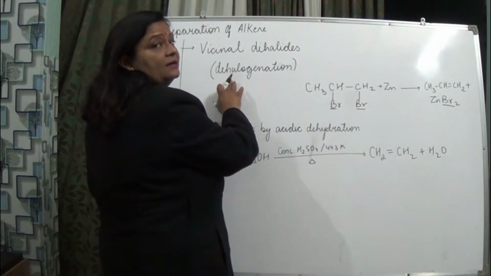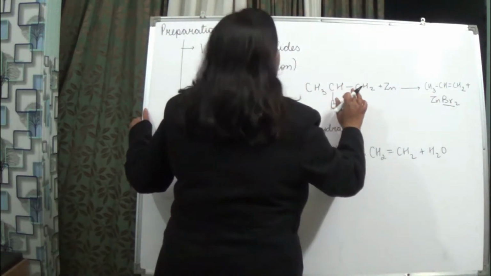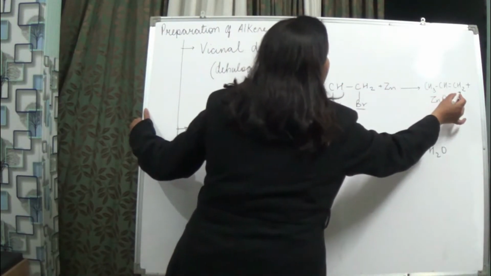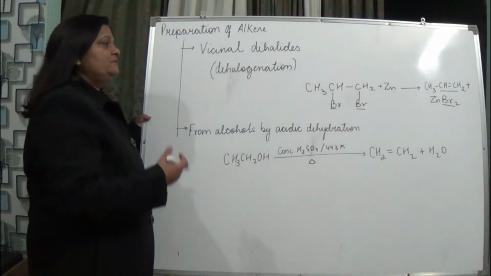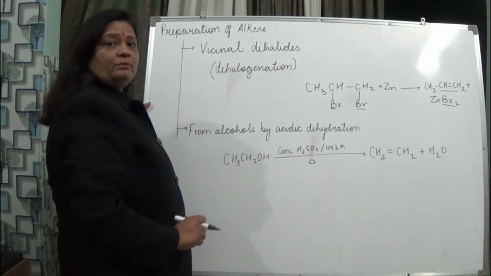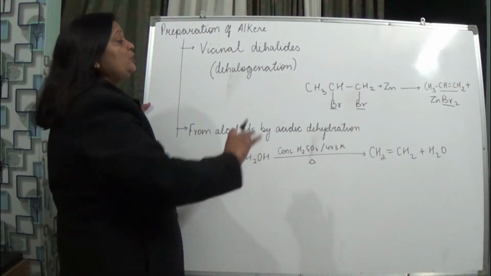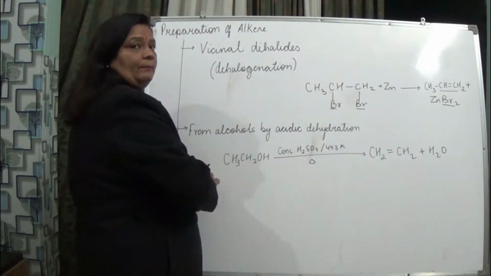Thereby this is a dehalogenation reaction, and from this vicinal dihalide we have formed an alkene. The number of carbon atoms will be the same there also, but the double bond comes due to the removal of the halogen from this compound.